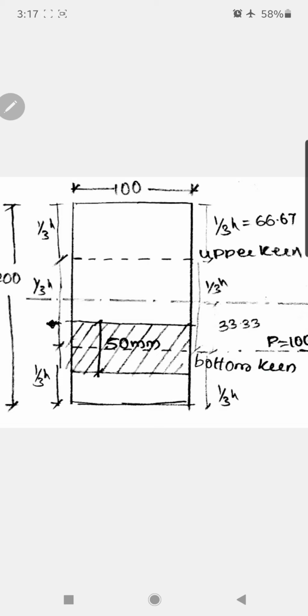The depth of the anchor plate is 50 mm, and it coincides with the bottom kern. Earlier it was coinciding with the center of the section. Now it is at the bottom kern. So the anchor plate is located here, whose depth is 50 mm.